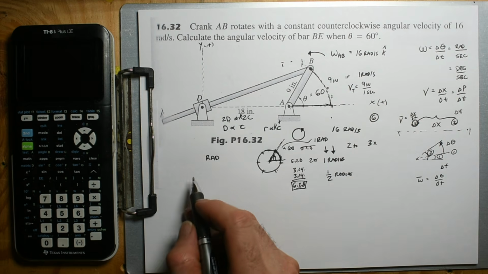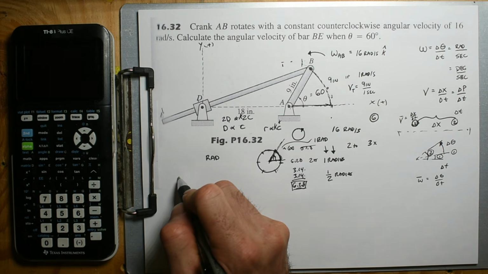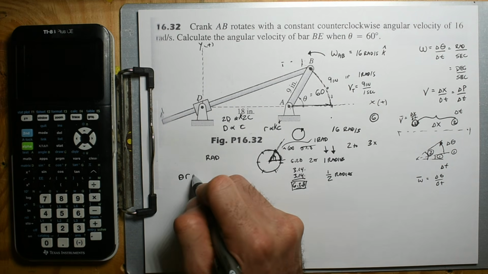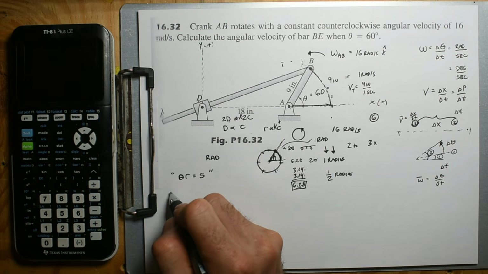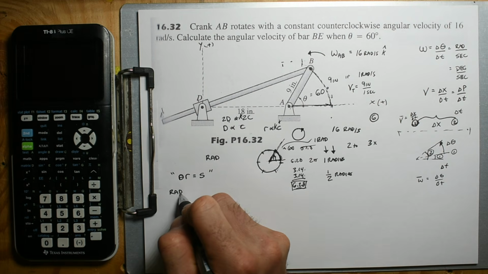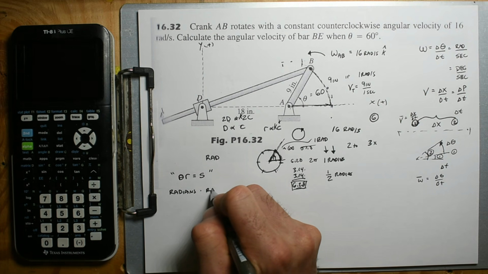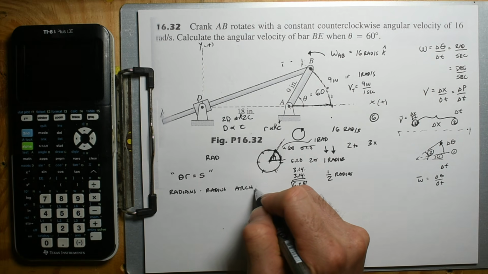Now this brings up the equation that I graduated without knowing: radians, this angle in radians, times radius is arc length. I'm going to say radians times radius is arc length.